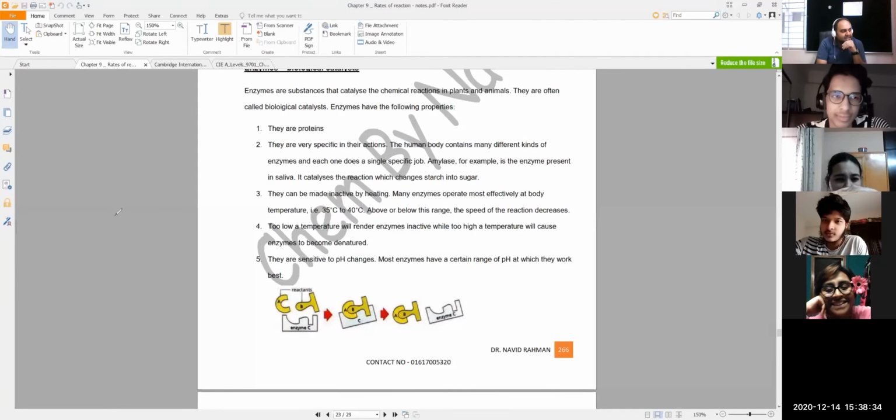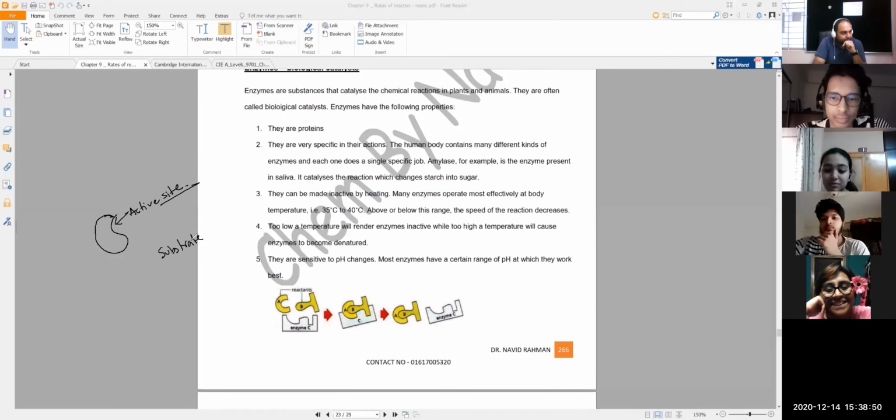Basically the enzyme has an active site, and to this active site a substrate, which is basically the substance on which the enzyme will work.